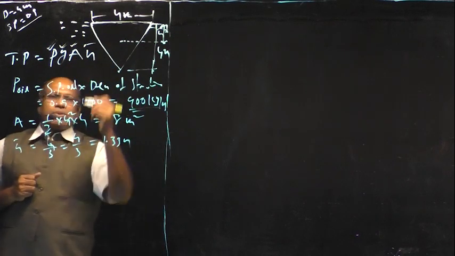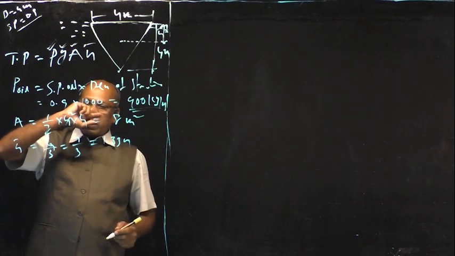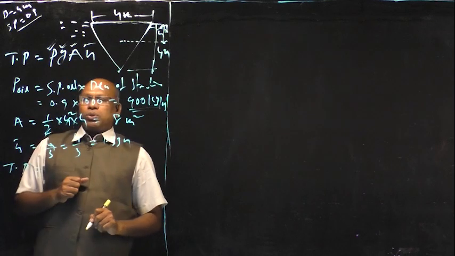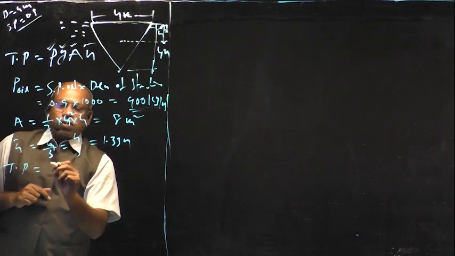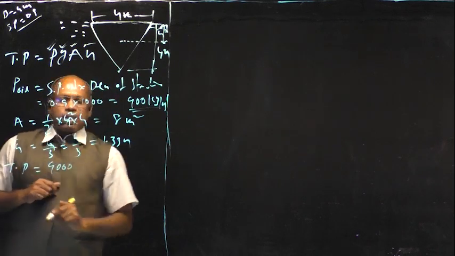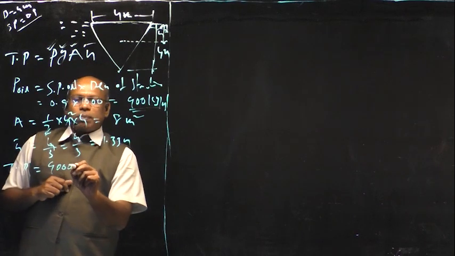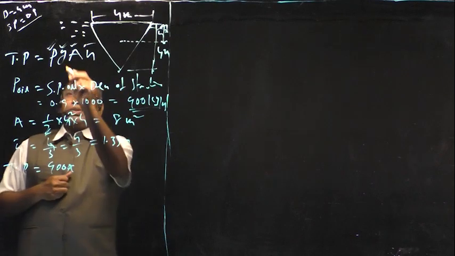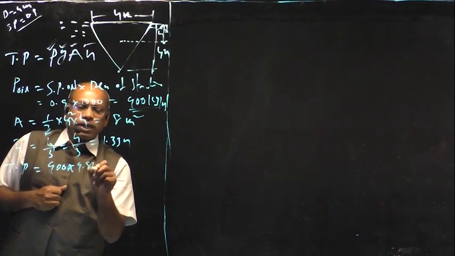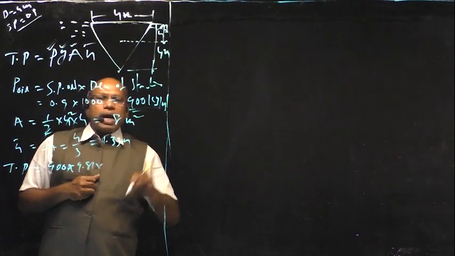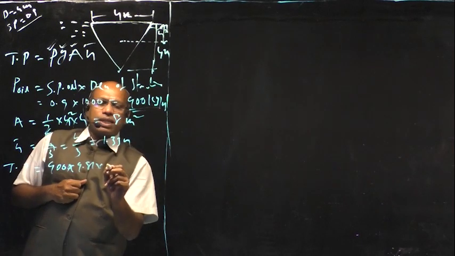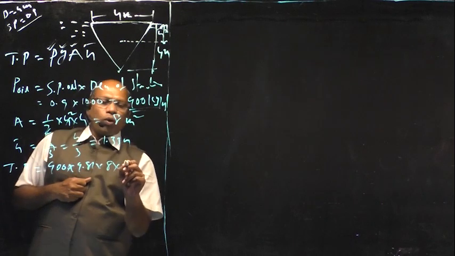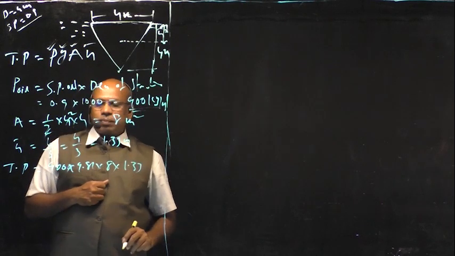Now we are going to substitute the values in the standard equation. Therefore, total pressure equal to density, 900 kg per meter cube, into G, 9.81, into area, 8, into h bar, 1.33.